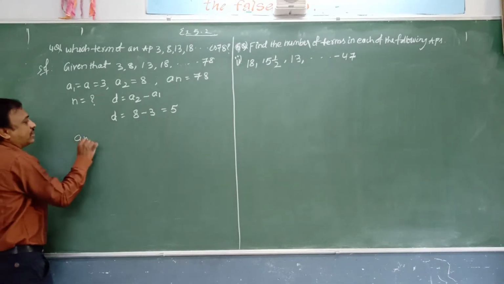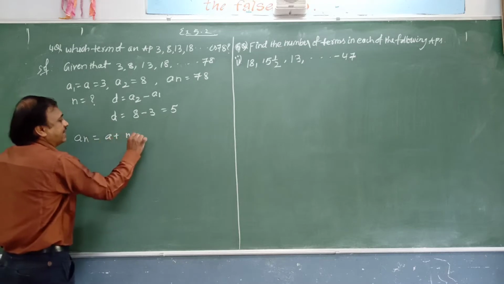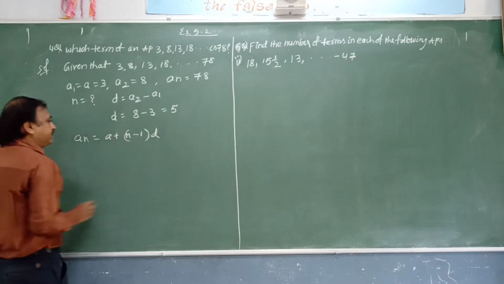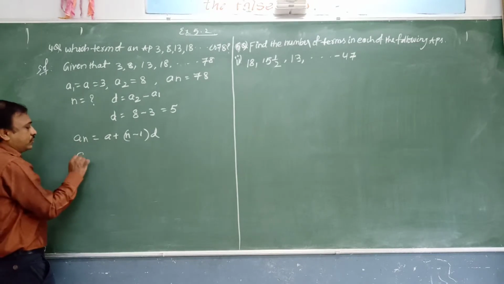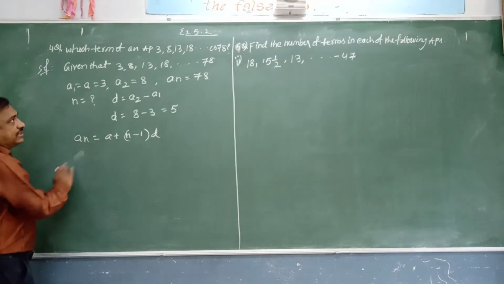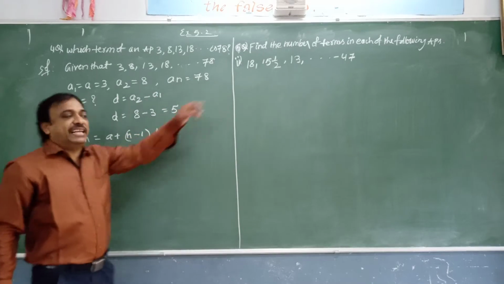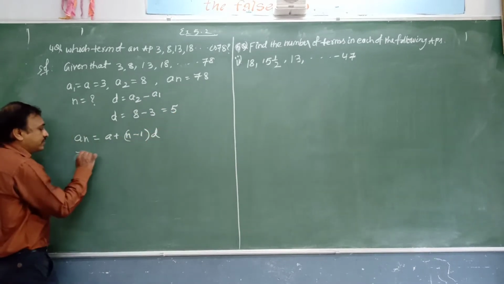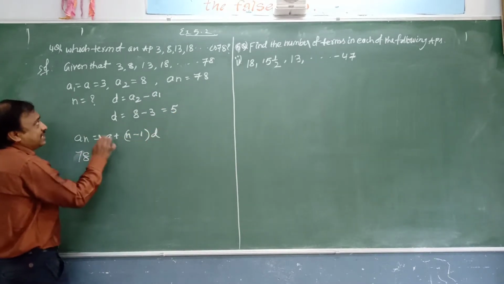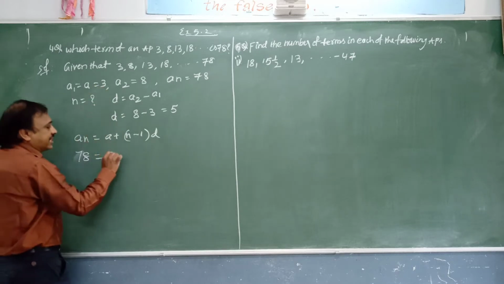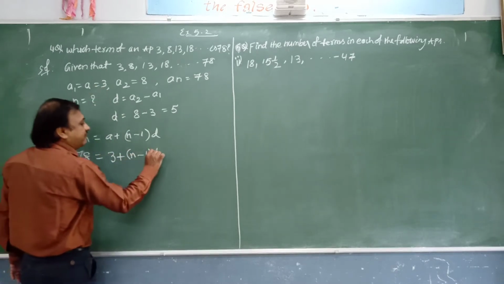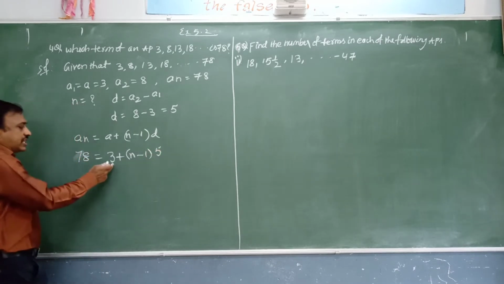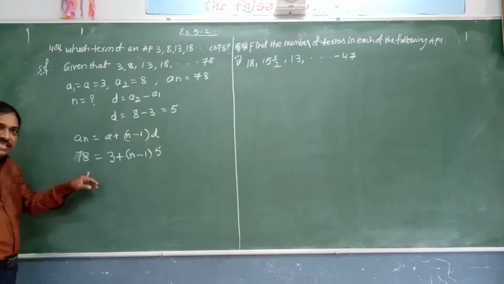Now what is the formula? an is equal to a plus (n minus 1) into d. What is an in the question? That is 78. So 78 is equal to 3 plus (n minus 1) into 5. Now transpose this 3 to this side.